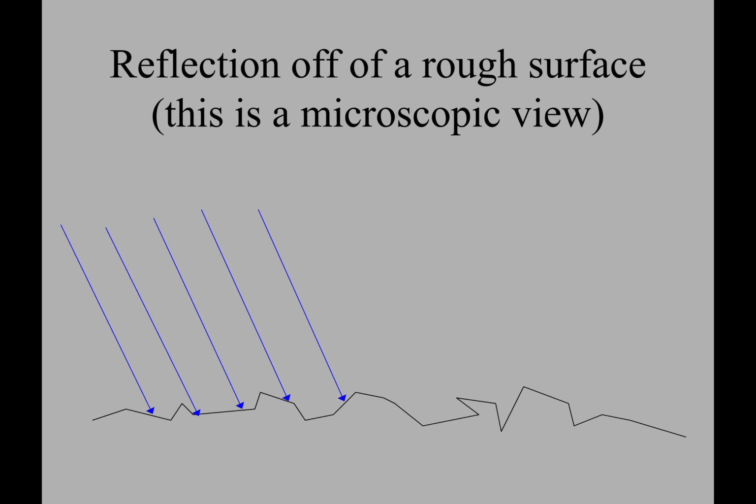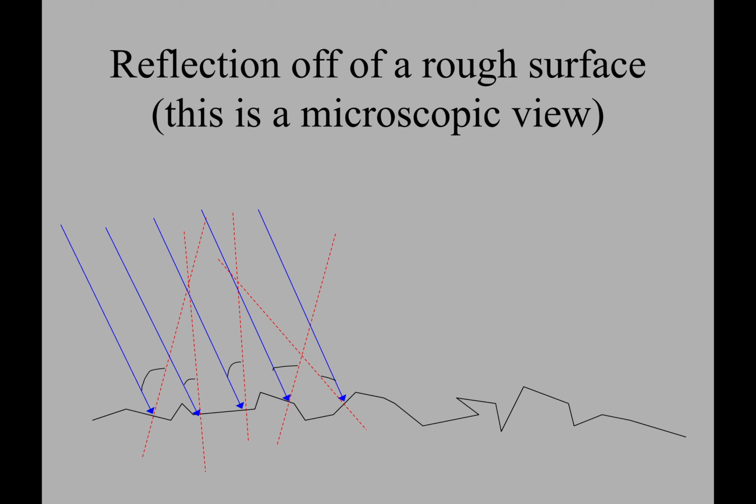Let's take the same set of rays. So this is light coming in. But now you'll notice that in every point where the light hits, the surface is not at the same angle. So if I were to draw a normal to the surface at every point of incidence, you'll notice that those normals are not all in the same place because they are perpendicular to the surface. And so that means that all of these angles of incidence are different.